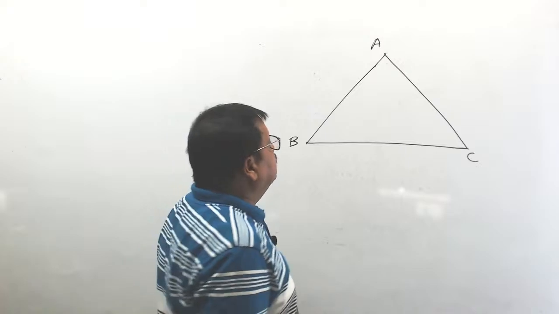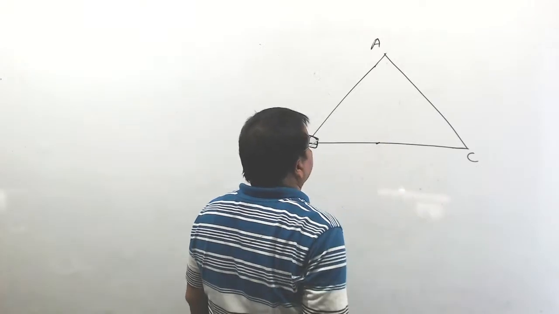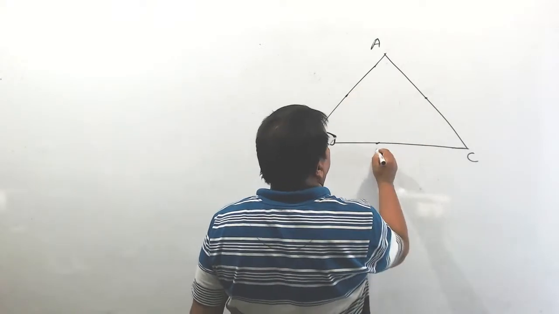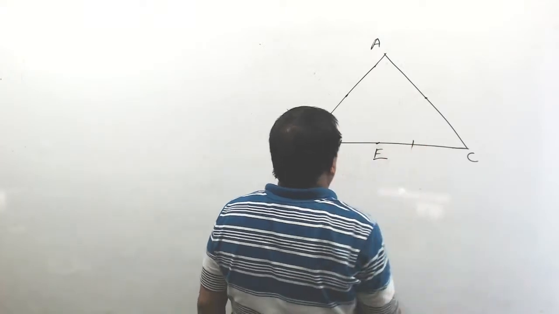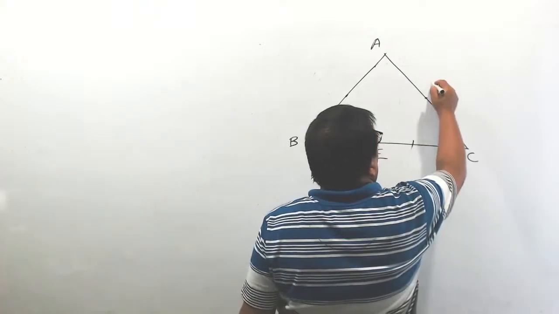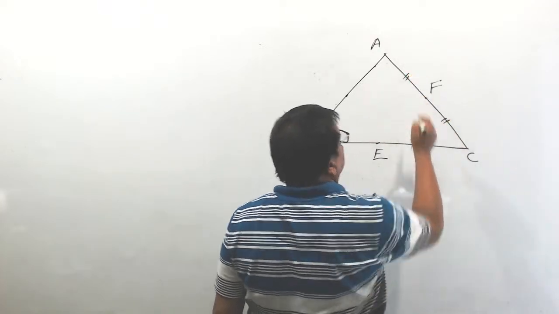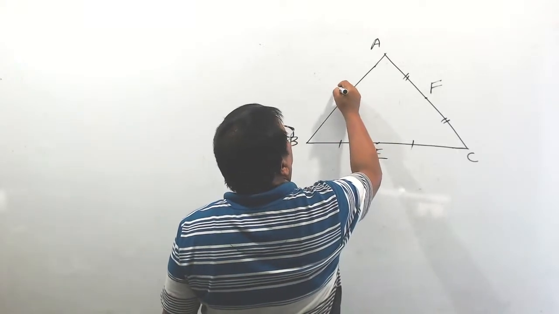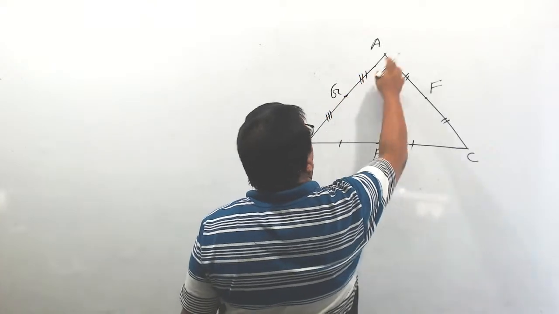What are called medians? Median means you will consider the midpoints of each side. E is the midpoint of BC. That means BE is equal to EC. Understood? F is the midpoint of CA, that means this side equal to this side. Say G is the midpoint of AB.